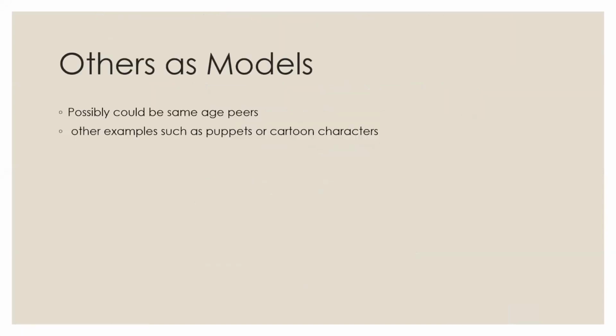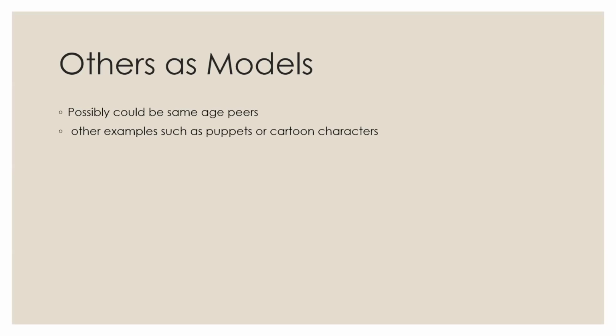Sometimes the child that you're trying to teach the skill to does not have the ability to do the skill yet, right? They do not know how to perform that skill at all, or maybe it's a behavior. You're trying to teach them to come to the table appropriately, and they don't do that. So you use others as the model.